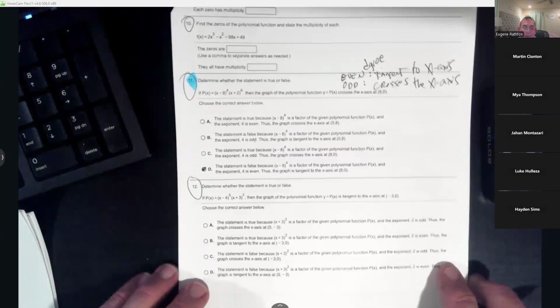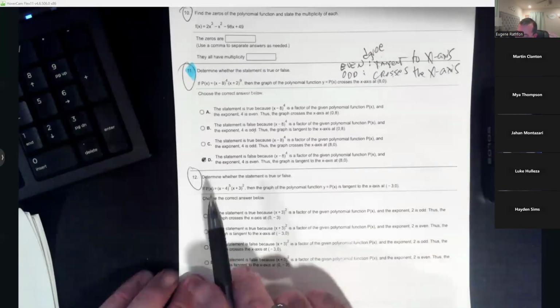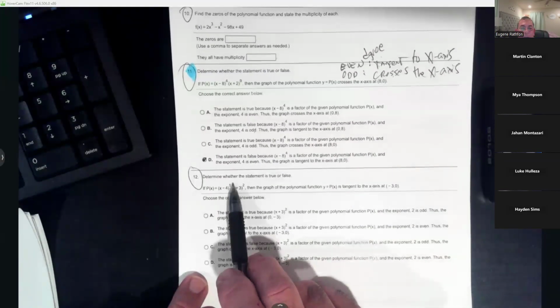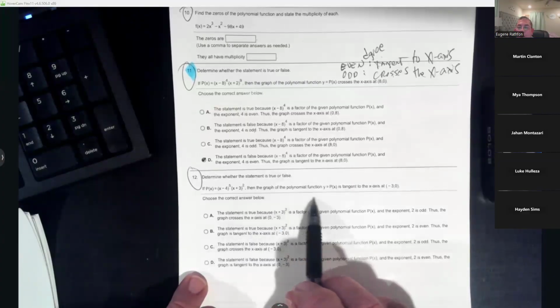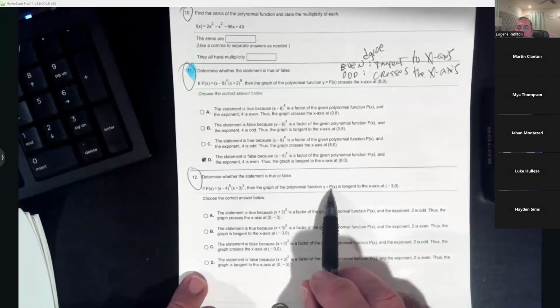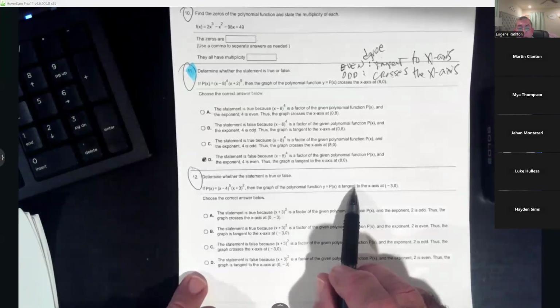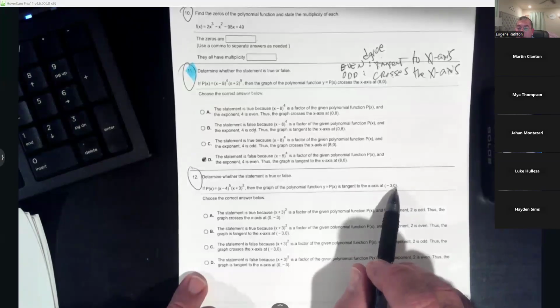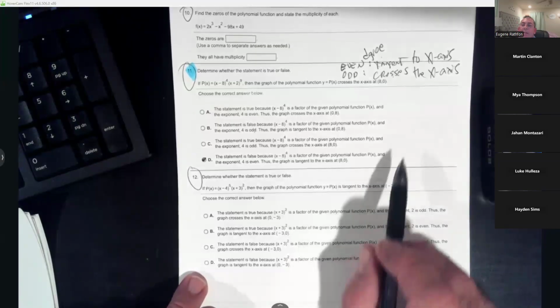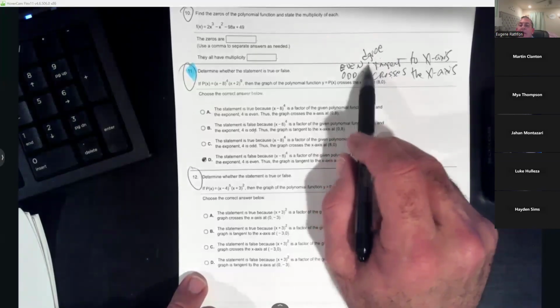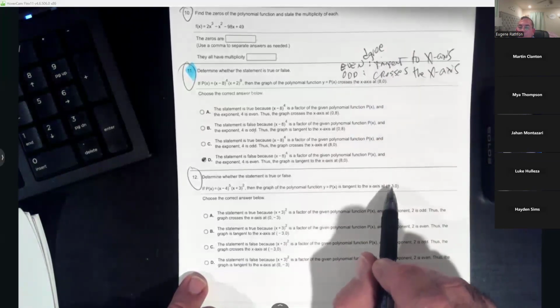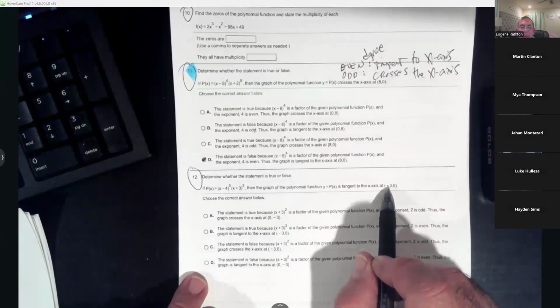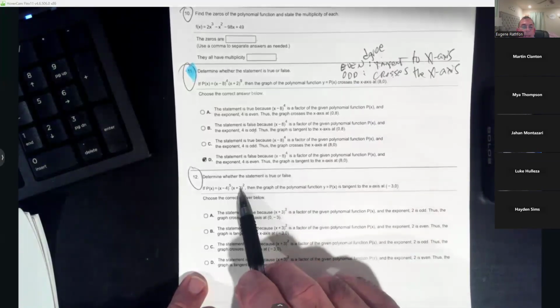So knowing that, look here. X minus 4 to the fifth, x plus 3 squared. They're saying the polynomial graph is tangent at -3, 0. Well, remember, it's tangent if it's even. So we're looking for an even exponent on the factor that gave me a zero of -3. We know -3 had to come from this factor, x plus 3.